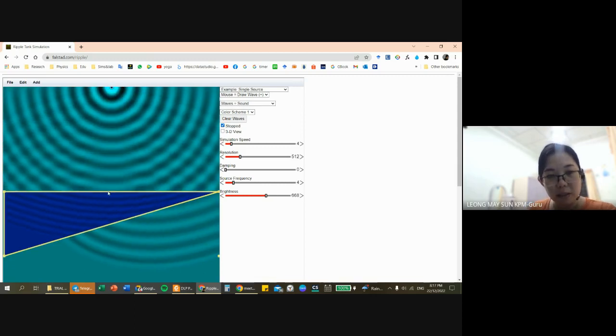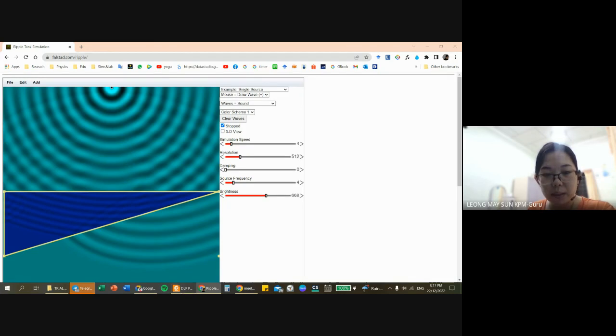But what you see is that because this line is along the normal line of the circular wavefronts, when the wave crosses a gradient like this, it changes direction as though the source is somewhere else. It doesn't go straight as it does over here.